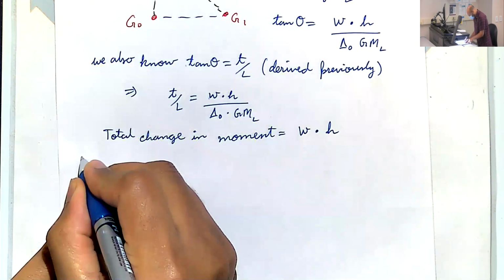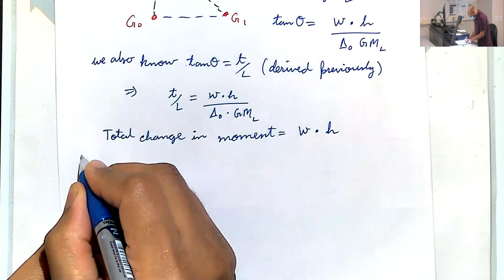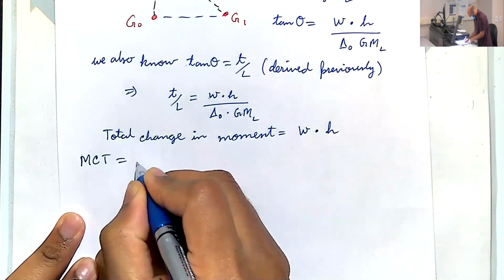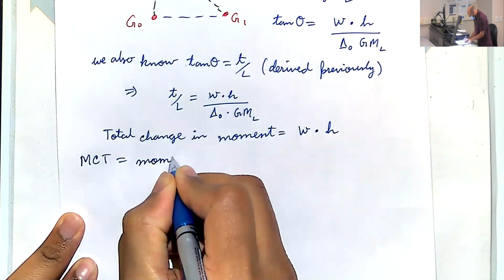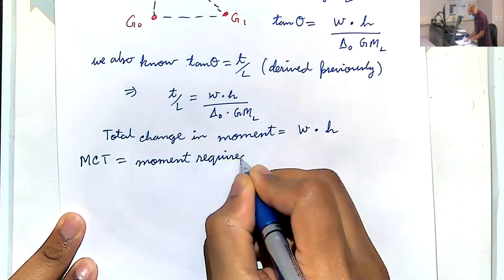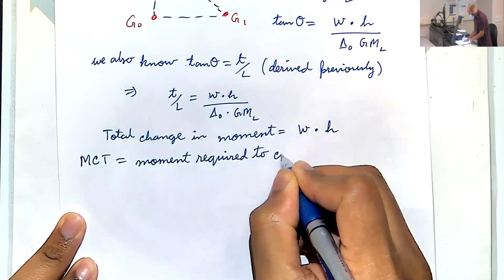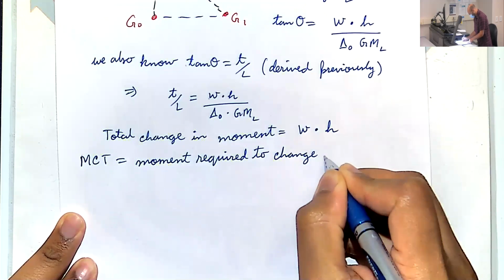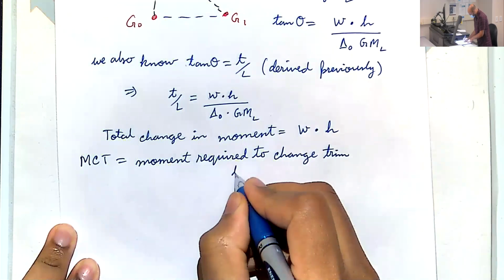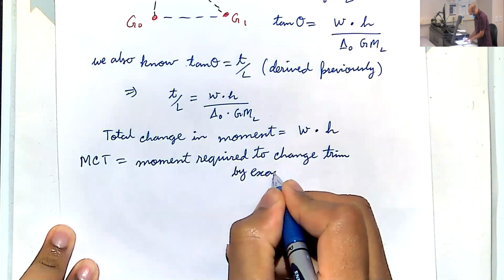So MCT is the moment required to change trim by exactly 1 meter.